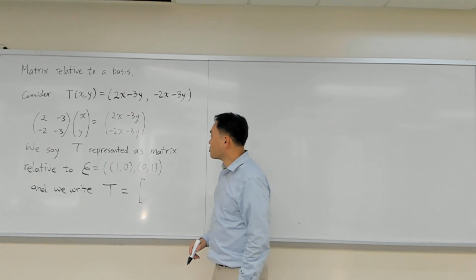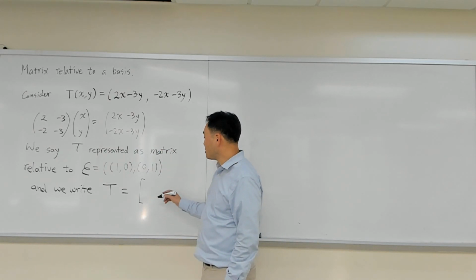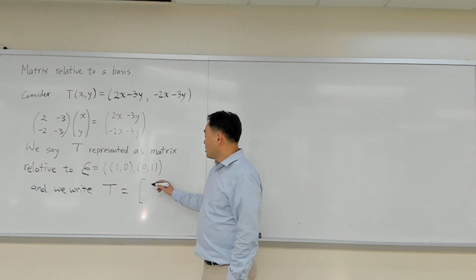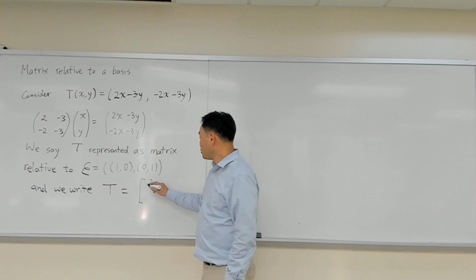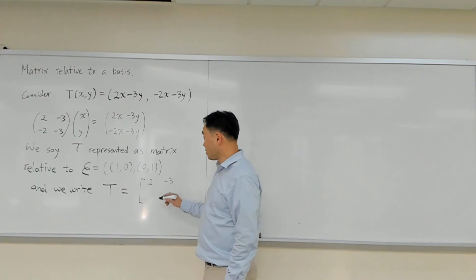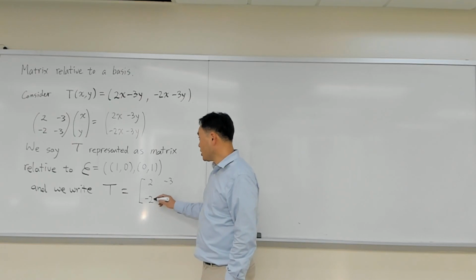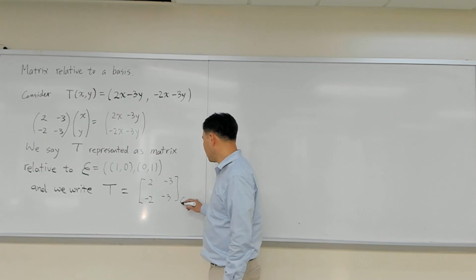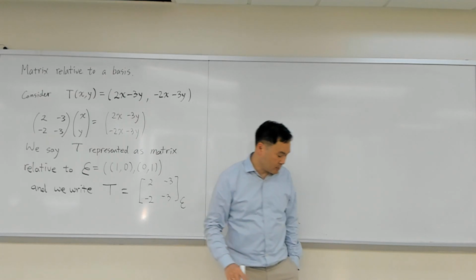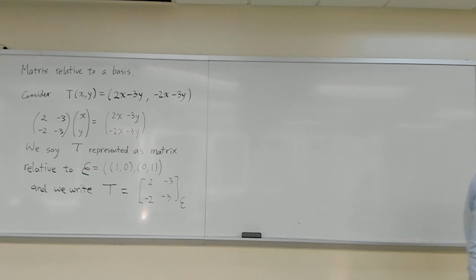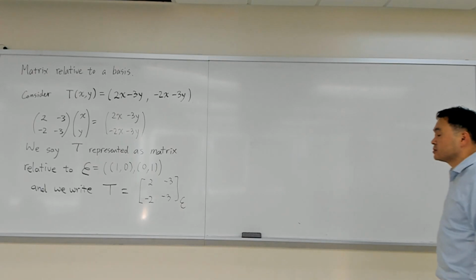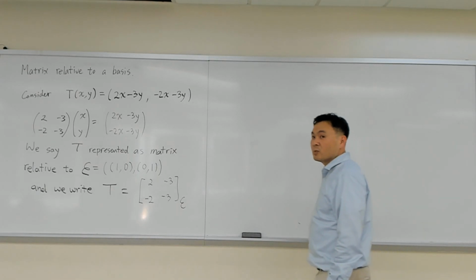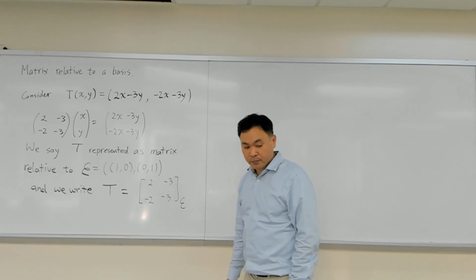All the linear algebra books use both. All right, so we write it as 2, negative 3, negative 2, negative 3, and E, just like that. Okay.